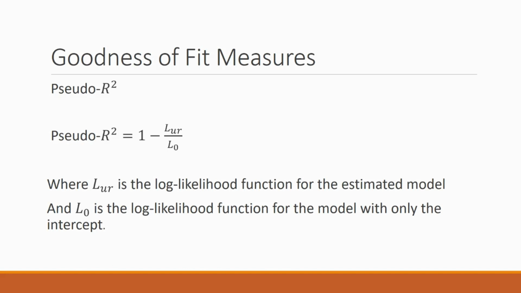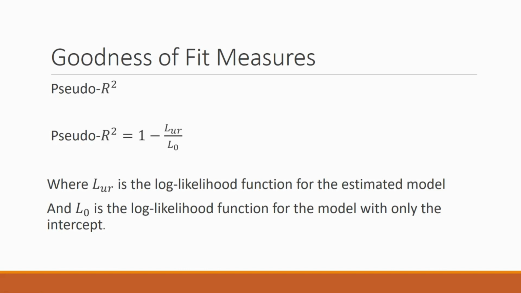The pseudo R-squared is 1 minus the log likelihood function for the estimated model, so L unrestricted, UR unrestricted, divided by the log likelihood function for the model with only the intercept.